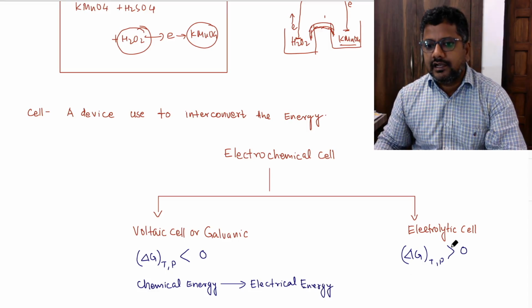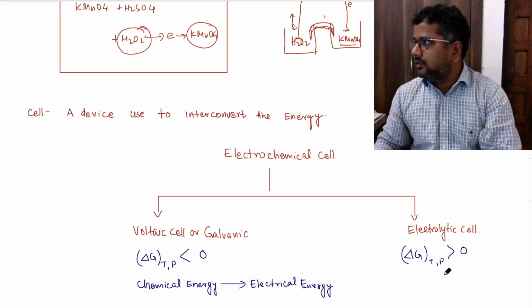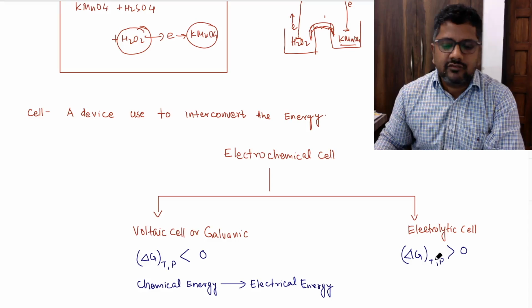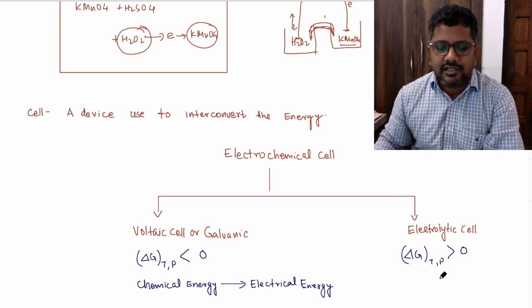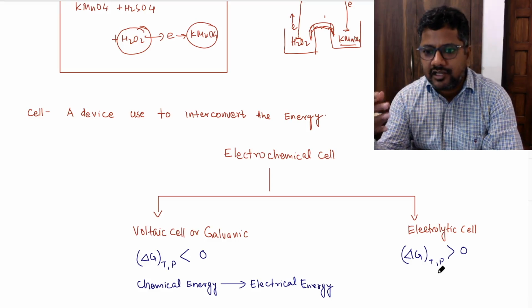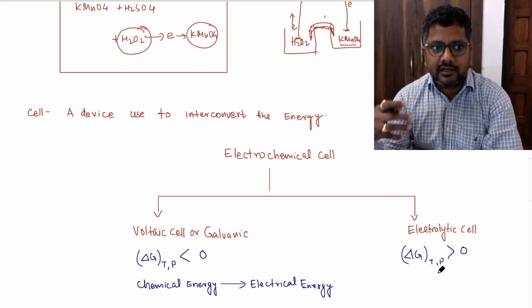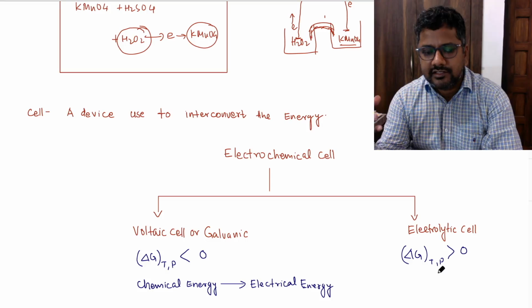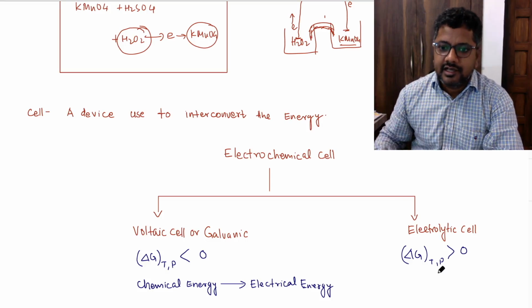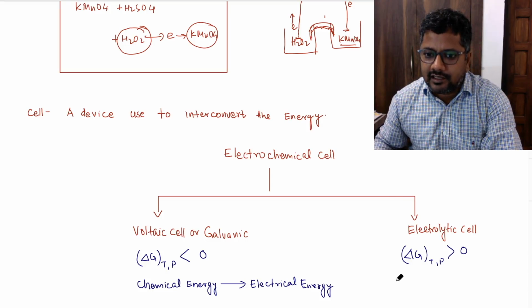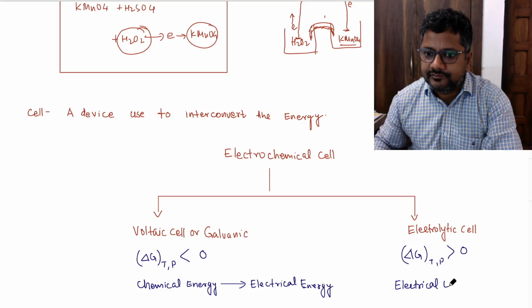And here delta G is greater than 0. So if delta G is greater than 0, what is the meaning of this? The reactions are non-spontaneous, meaning here you can carry out a chemical reaction with the help of electrical energy. It means you are converting electrical energy to chemical energy.